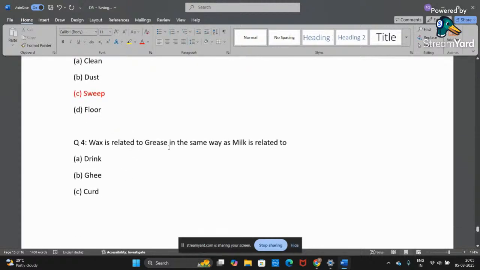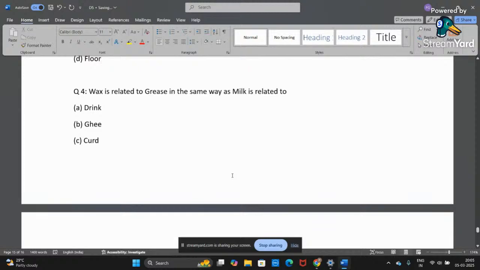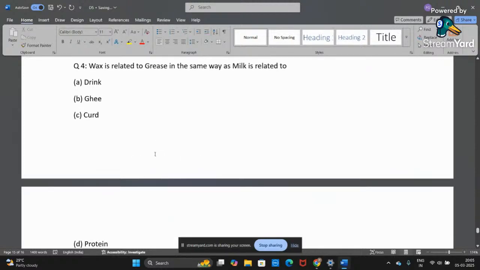Wax is related to grease in the same way milk is related to drink, ghee, curd, or protein. We derive grease from wax. Then what is the answer? How is milk related?